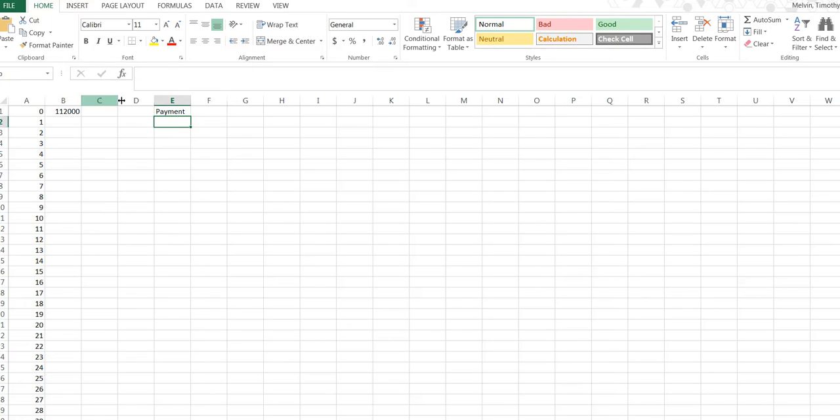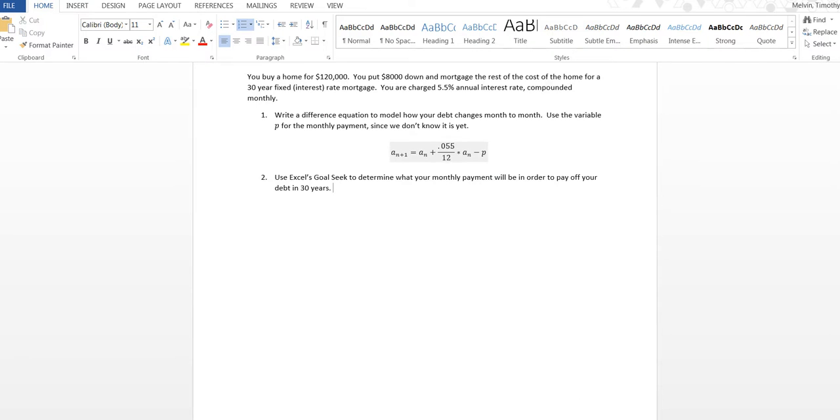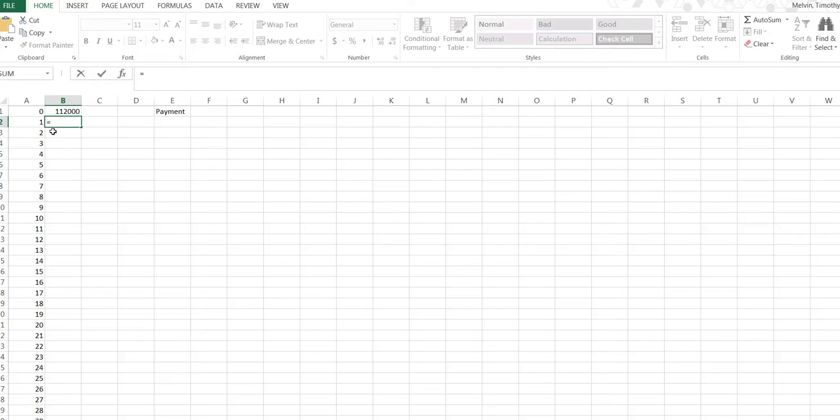Okay, so now that I've renamed the cell to P, I'm going to go back to B2, equals. If you put in a formula in Excel, you start with equals, and I'm going to basically write in this difference equation. So instead of A_n, we're going to have B1, the previous month's balance, plus the interest, 0.055 over 12 times B1.